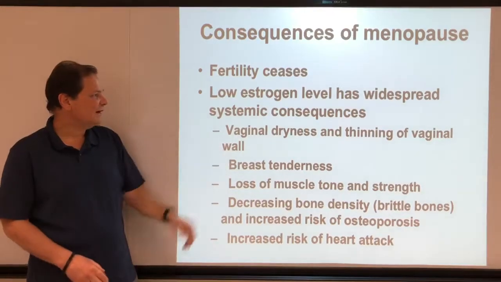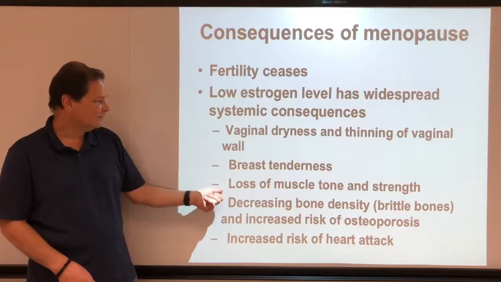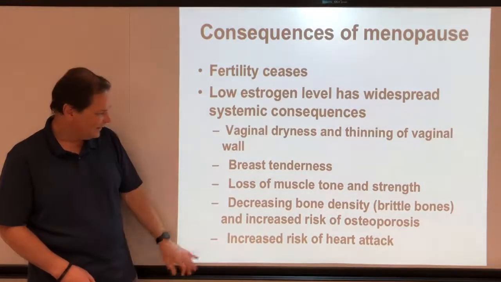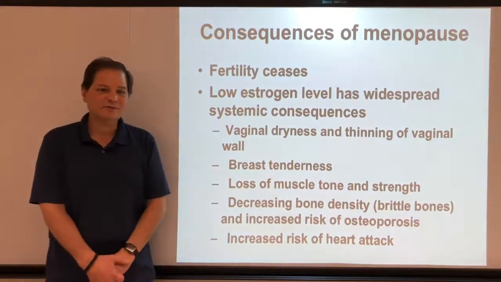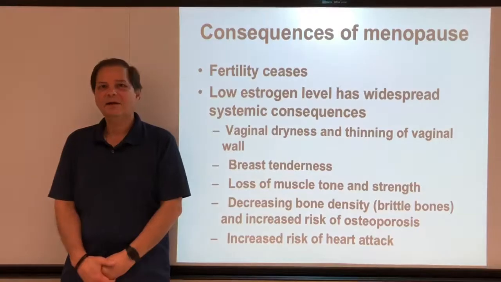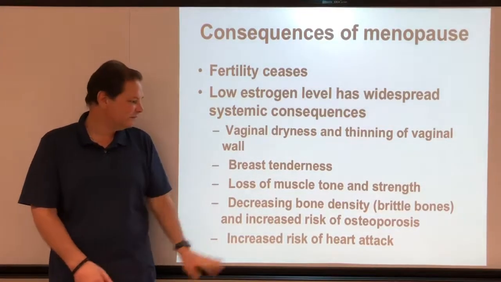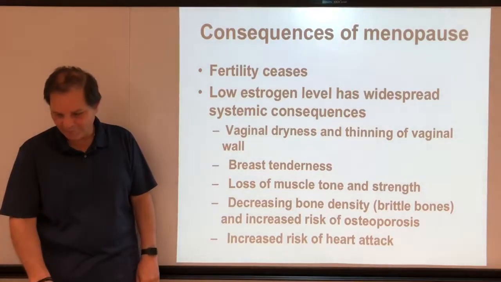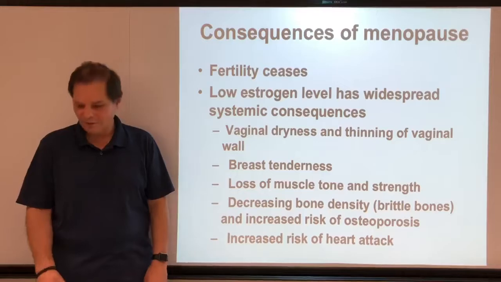You get vaginal dryness, thinning of the vaginal wall, breast tenderness, loss of muscle tone and strength, and increased risk of heart attack due to the lack of estrogen's effect on the cardiovascular system. And again, we went over some of that in the overview and introductory lesson, and this is just a quick review, as it seems to feed into our talk of the cycle.